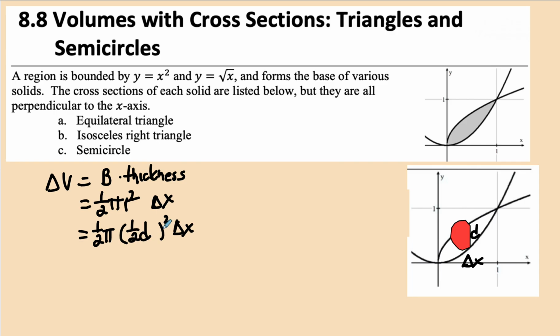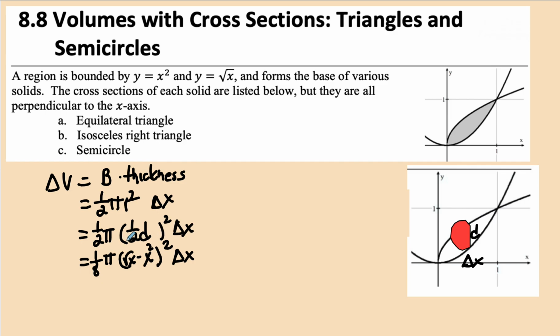Okay, now if I square that, that's going to be 1/4. So at the end it'll be 1/8 pi, and then I want my diameter, and my diameter will be this upper minus lower, so this will be root x minus x squared, and then delta x.